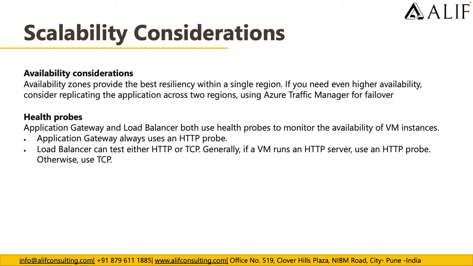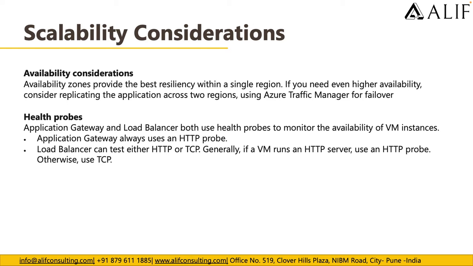If you are using SQL PaaS capabilities, you have geo-replication to replicate to the secondary region. With app services, you have to build the same app service in another region, have the application gateway in front, and have a traffic manager in front of the application gateway to manage the requests across multiple regions.